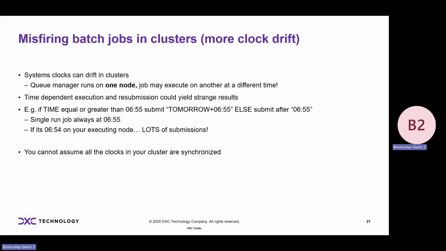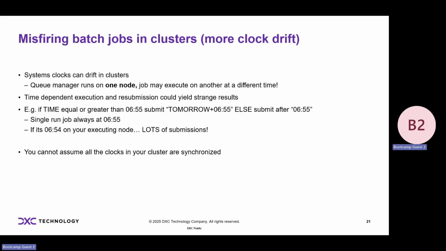Right, I mentioned clock drift. I was having this issue and I couldn't really understand what was going on, but the queue manager will only run on one node, and that is considered, quotes, the master clock. But if you've got a job that runs on another node and it has a clock with drift and you're using the time on there, you'll find that it will execute on that system.